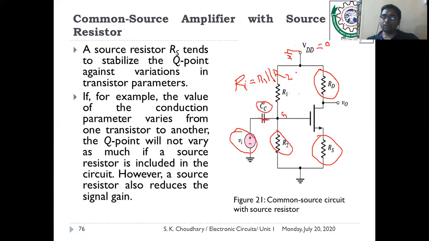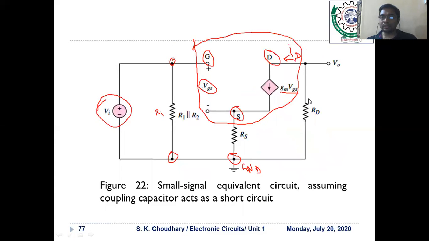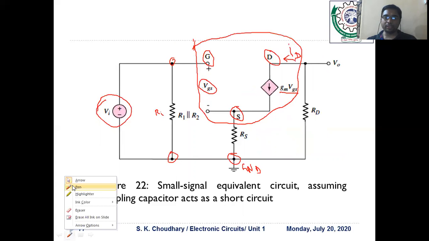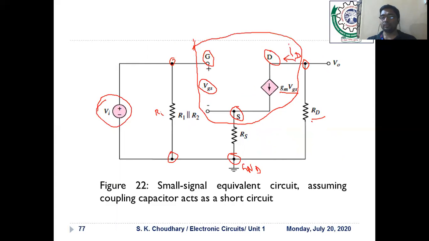Now, as we know that VDD is connected to ground, it again acts as 0 volt. So one end of RD is connected to the drain terminal and the other end is connected directly to ground. You can see in this small signal equivalent circuit, one end is connected to the drain, the other end to the ground, that is RD.